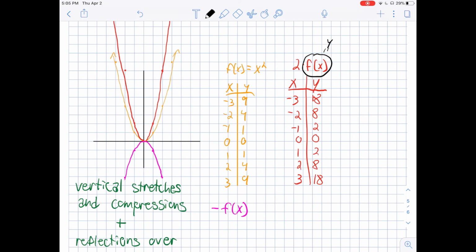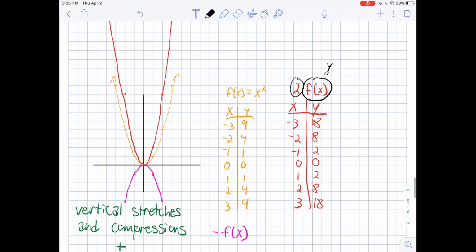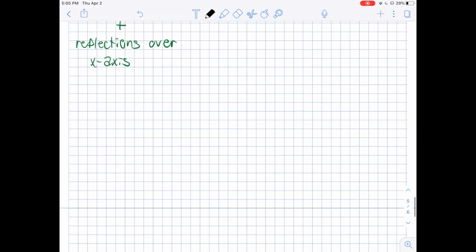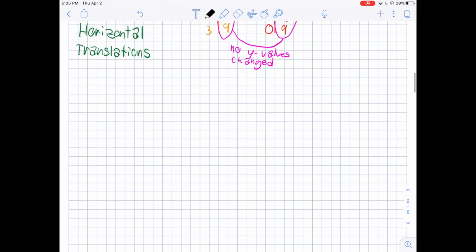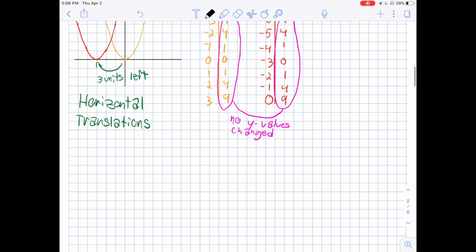So if we want to change our y, all we have to do is take it and multiply it by 2, or add or subtract 2, or do whatever we need to do to get it to move up or down, or stretch or compress up or down. And that is horizontal and vertical transformations. Your stretches, compressions, translations, and reflections. Hope you enjoyed.